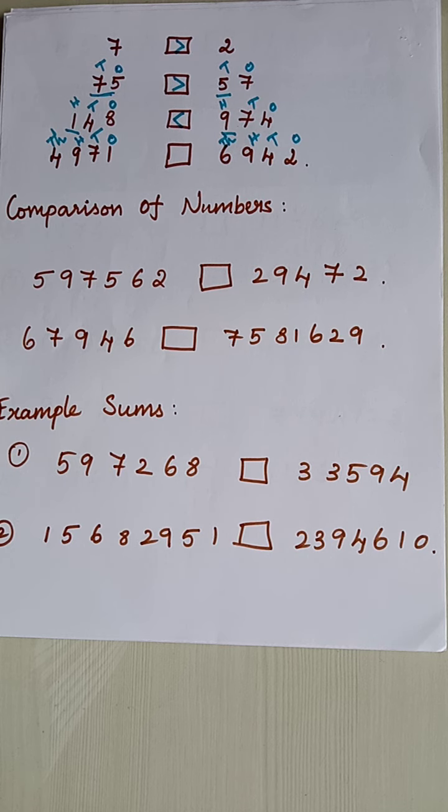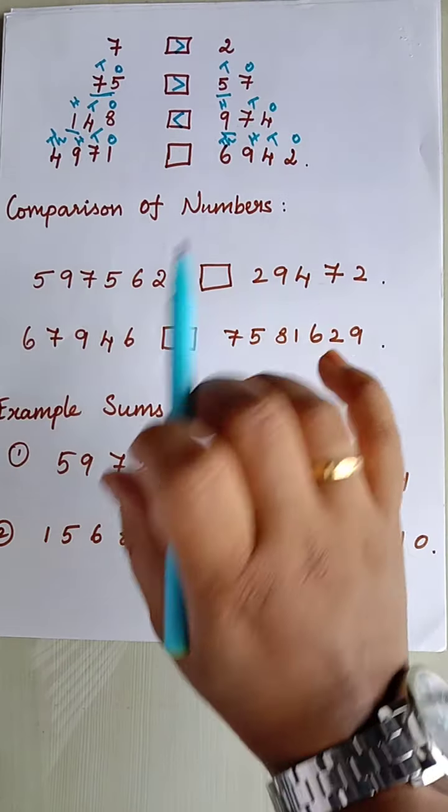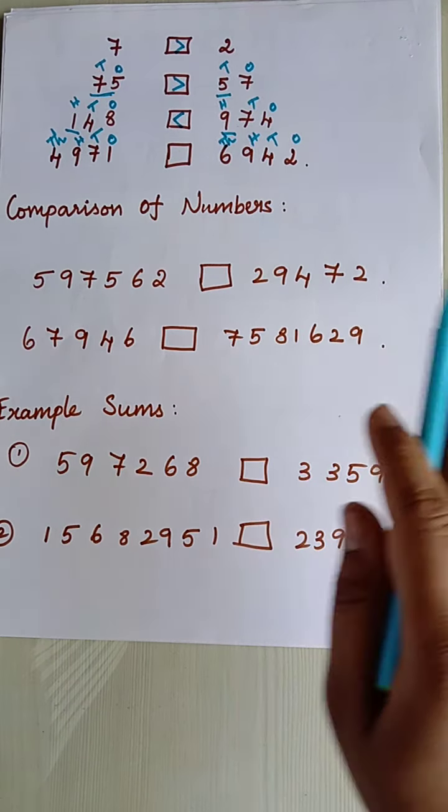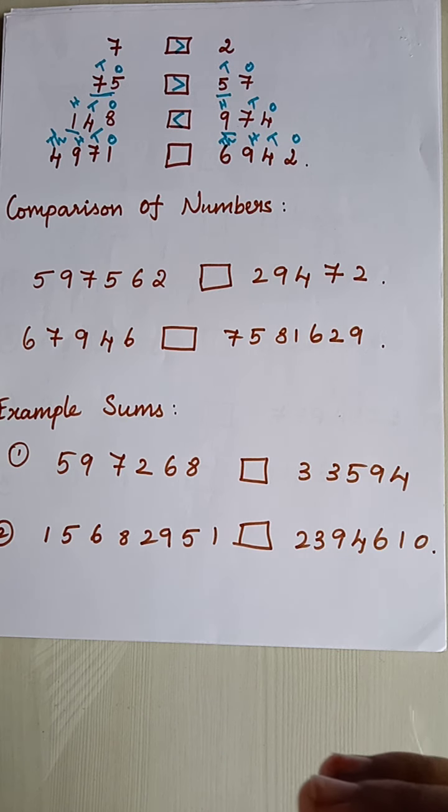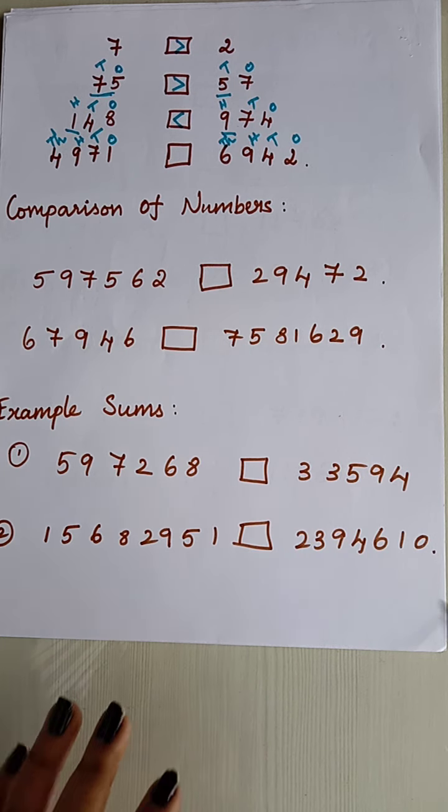Both sides are 1000. After the second step, we enter the third step: we have to compare the first digits of these two numbers. So the first digit we are going to compare here.